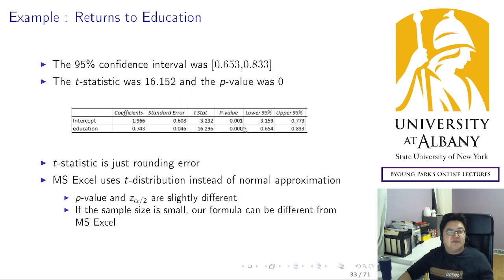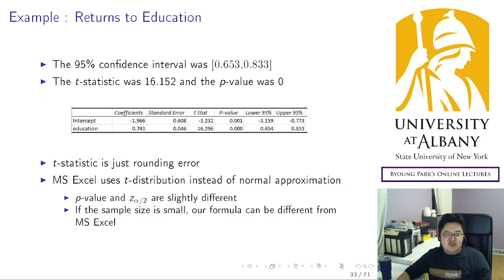And then, yeah, I explained. By the way, there is another thing I have to mention here. Another difference is that I taught everything based on the sampling distribution and the central limit theorem, the normal distribution approximation, but Excel uses the t-distribution approach, which I briefly introduced at the end of the sampling distribution chapter.